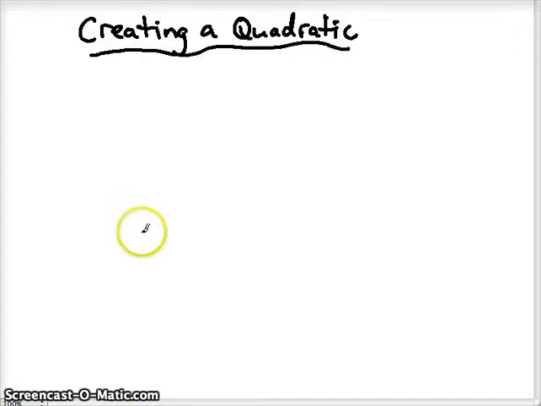In this video, we're going to be doing our last kind of factoring technique for polynomials. And in this case, we're going to be turning polynomials into quadratics. It might be helpful to review some of the videos about solving or factoring quadratics so that this video makes a little bit more sense.